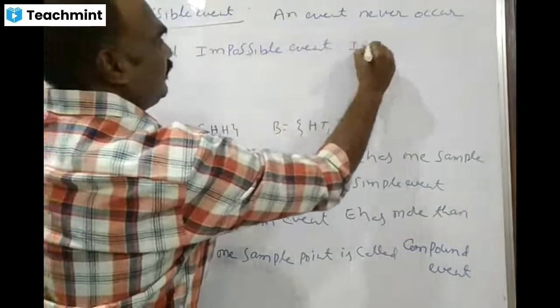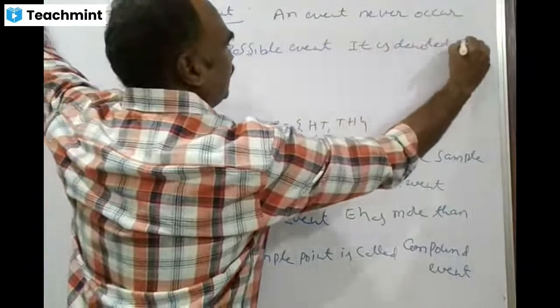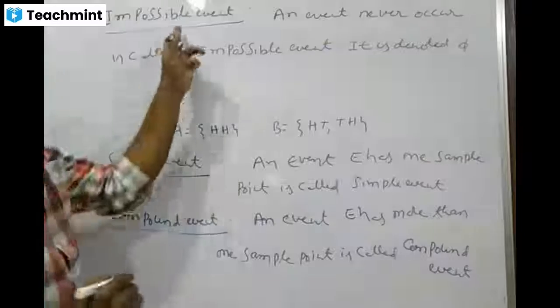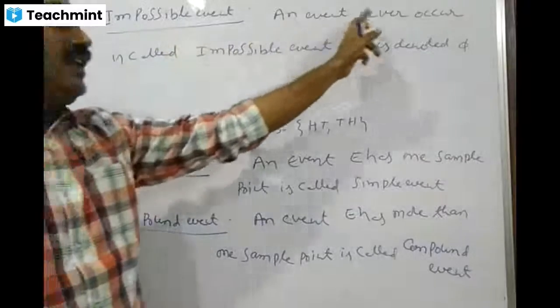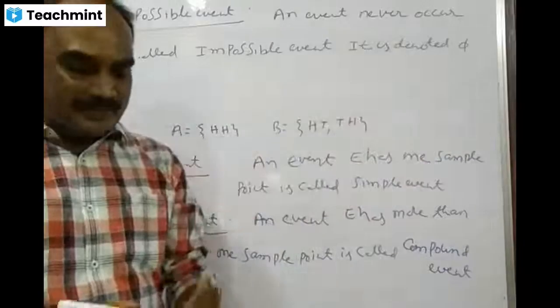It is denoted by φ. Friends, an event that never occurs is called an impossible event. It is denoted by φ.